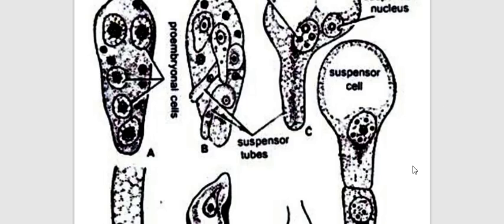And out of all these embryos which are developing, only one survives and matures, and all the other embryos are disintegrated. Next we will discuss the structure and development of the seed which is produced from this embryo.